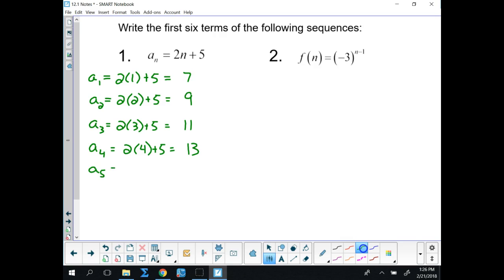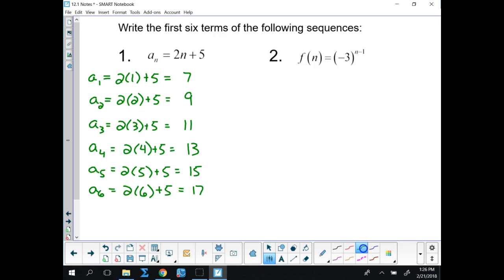Then 5. That's going to get me 15. Then 6. That's going to get me 17. Do I put 7 in? Why not? It's only asking for the first 6.